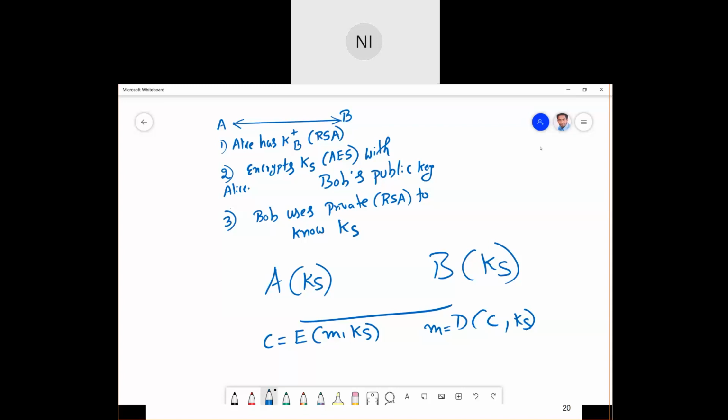Once Alice has generated a session key and shared it with Bob, they can start encrypting and decrypting their messages using AES, because symmetric key is much faster compared to RSA or other things.